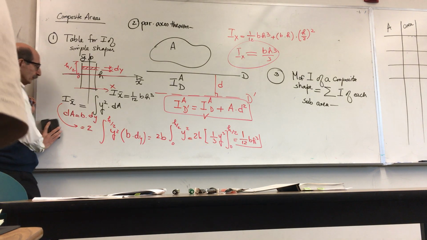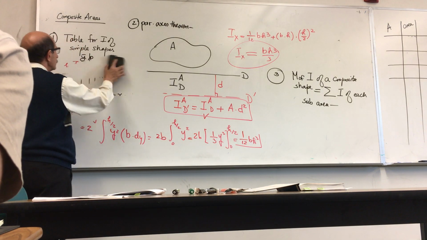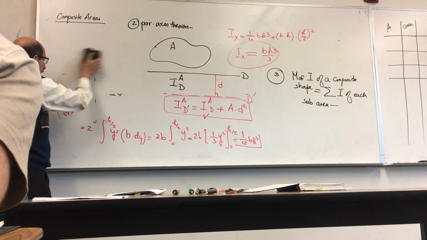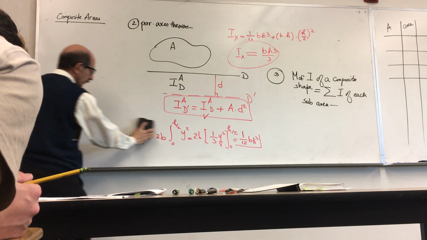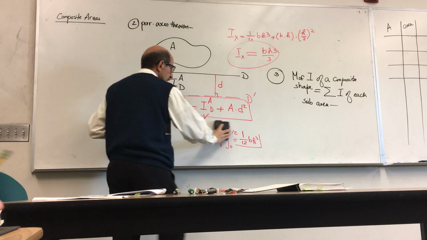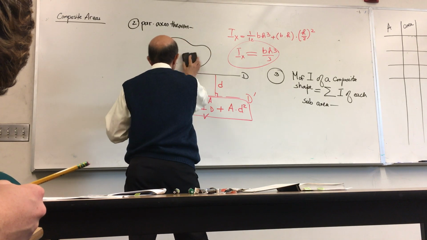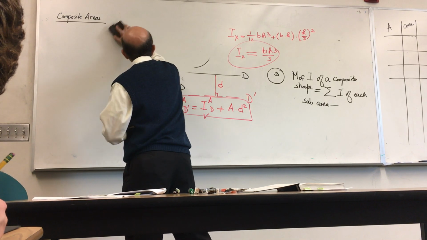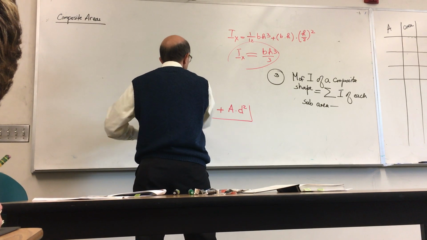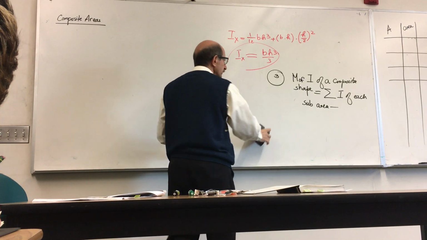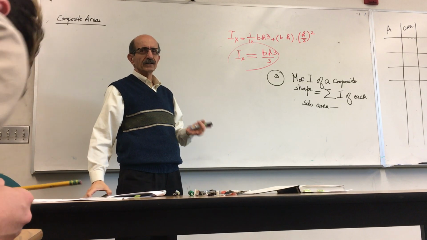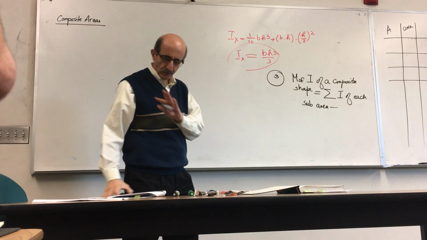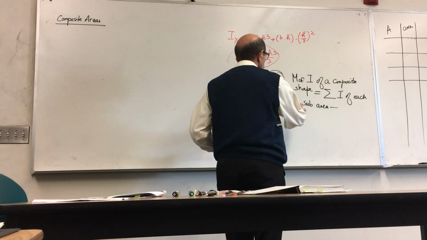No? Okay, so I have prepared a good problem here. The problems for the composite shapes in your book are just too simple. They consist of mainly 2 areas. I looked at almost every single one of them.